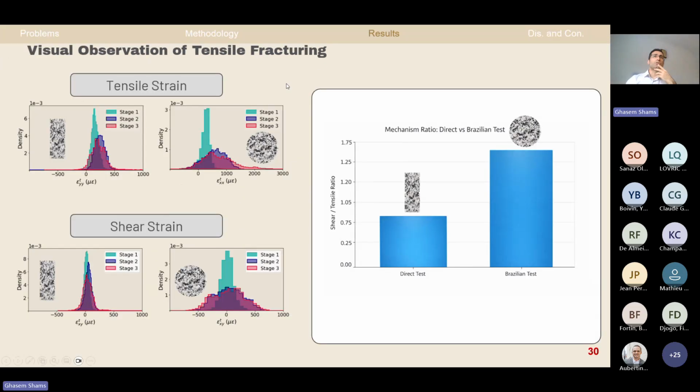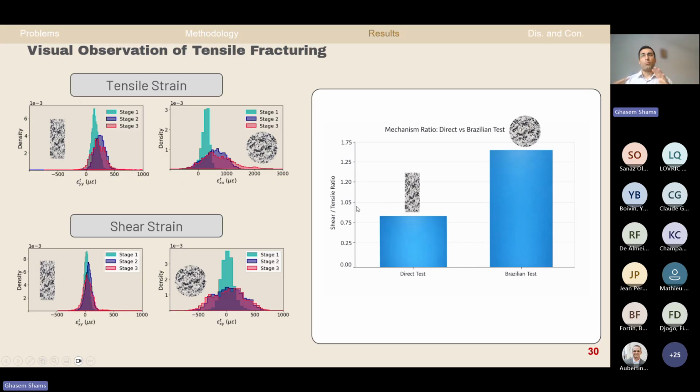Here we have a histogram distribution of the type of strain. I'm not talking about this because it's a little complex to explain, but I want to highlight the right side bar chart. This bar chart shows the shear to tensile ratio of the deformation, shear strain over tensile strain. In the direct tensile test, we have less than 1, about 0.8, for this ratio.